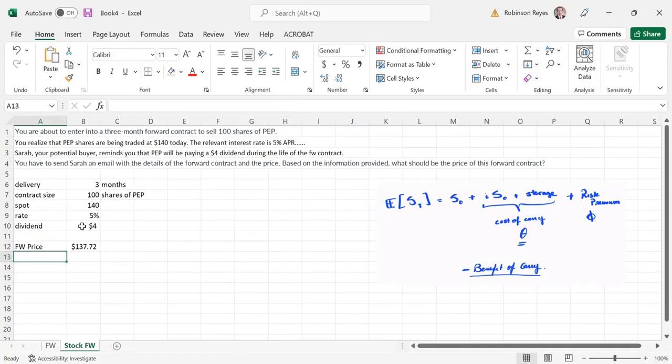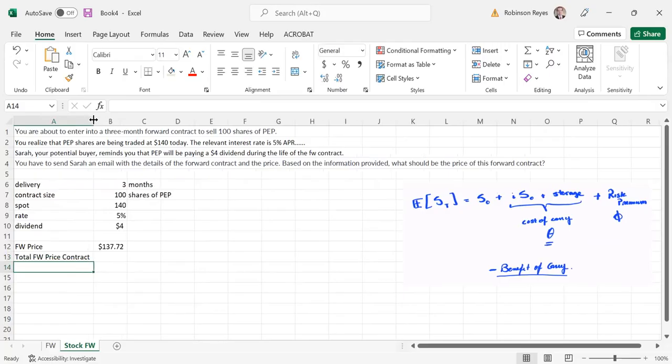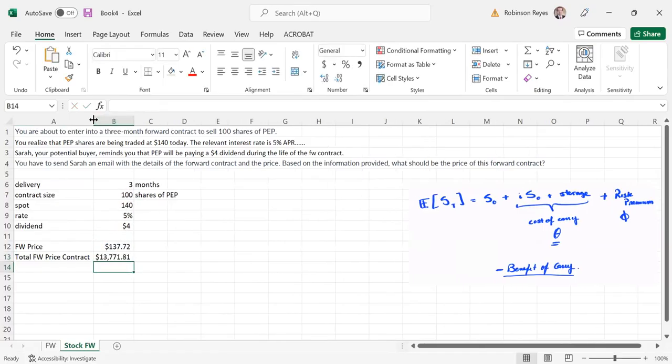But if you would like to know the total forward price of the contract, in other words, the amount of money that will be needed for the entire contract upon delivery, then we just need to multiply this by the contract size, and the contract size in this case is 100, so we end up with 13,771.81.